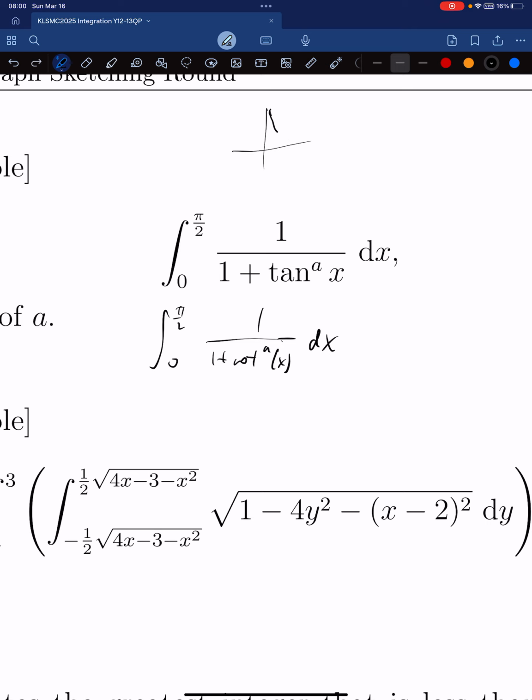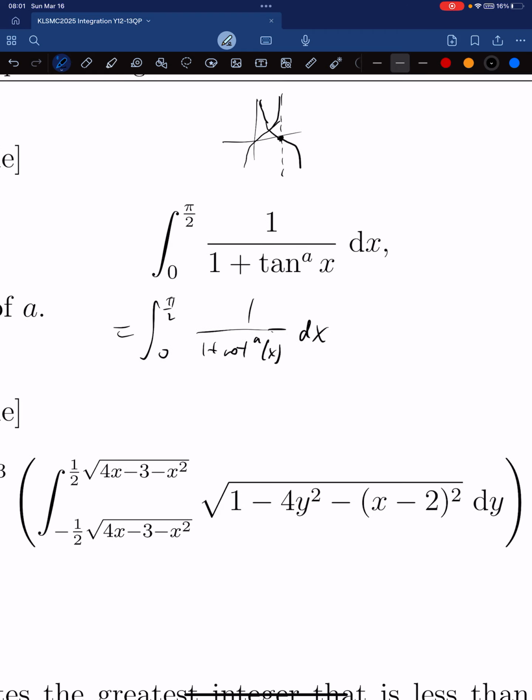Sorry, it's a terrible drawing. And our tan looks something like this. So it should be evident that actually this is equal to that.